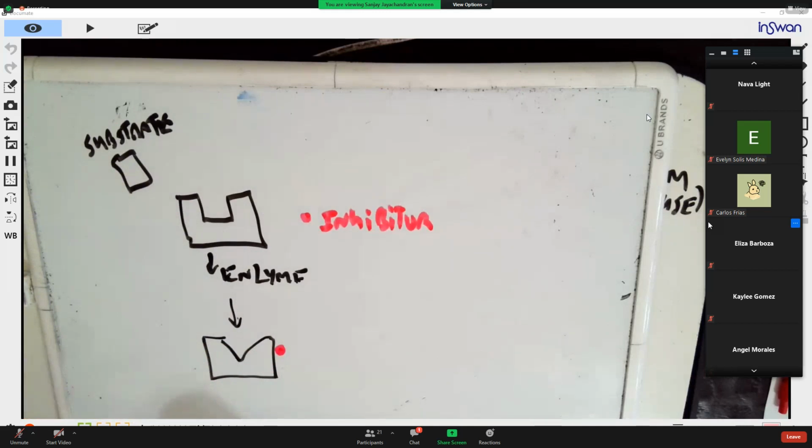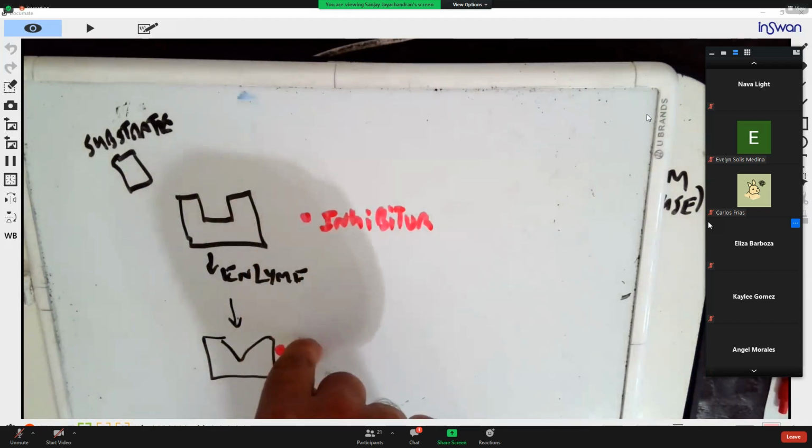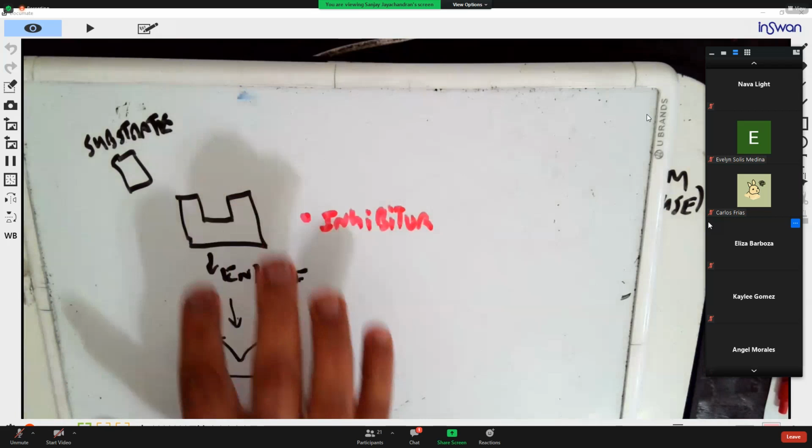So from here, why would that cause the reaction to stop with the substrate? So why would the reaction stop? Because it no longer fit. Yeah, because I changed the shape of the active site, right?